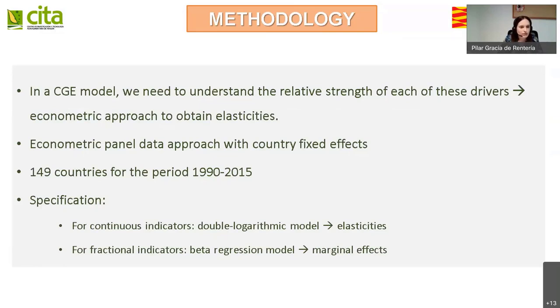And for the fractional indicators, the percentage indicators, which are the survival ratio and the fertility rate, we use a beta regression model because of its flexibility for modeling continuous dependent variables that are between 0 and 1, and because the prediction of these drivers are limited to the same range, between 0 and 1 also.